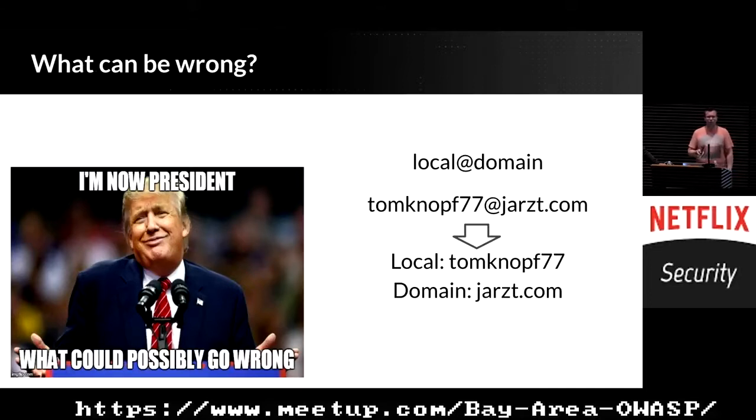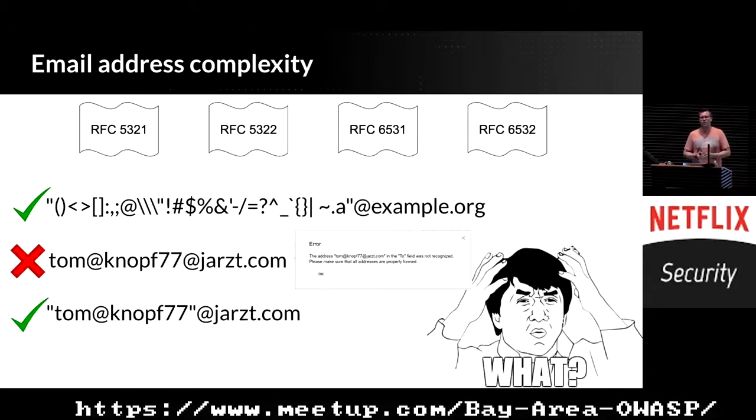But if you ever read an RFC about all these mail protocols, there are plenty of them, and this one is probably just the third iteration. It has about 30 years of history of how to deal with email addresses.